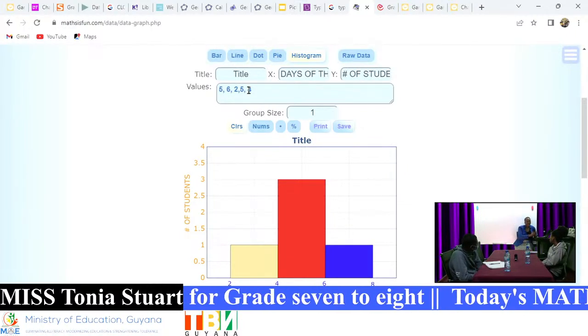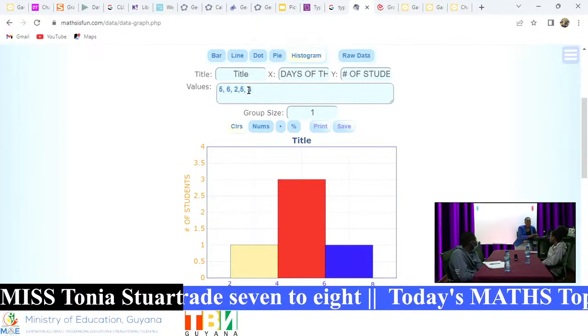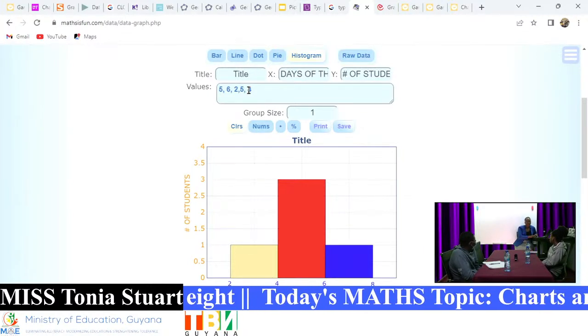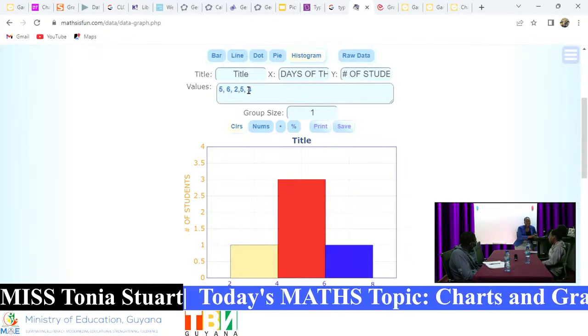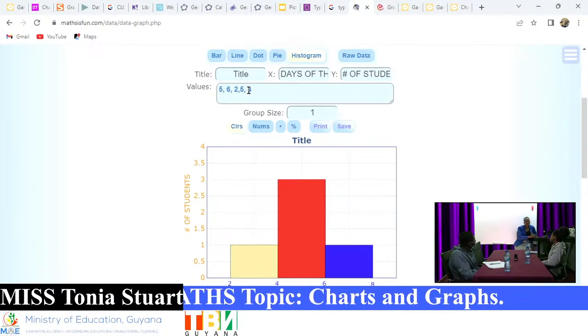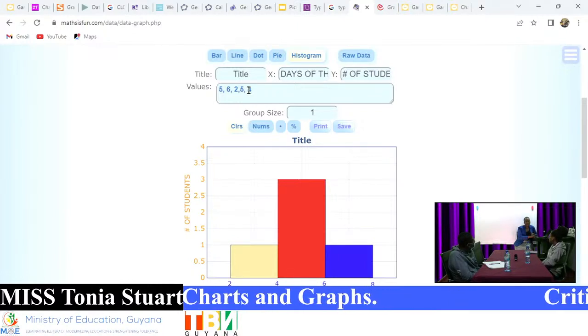What we do is categorize or group it. So we can say we want the 3 to 8-year-olds, and we want the 9 to 13 years.